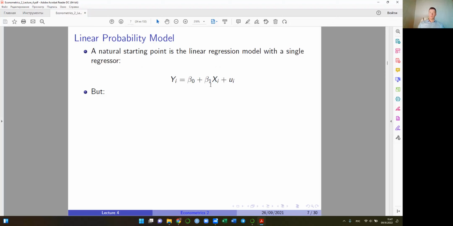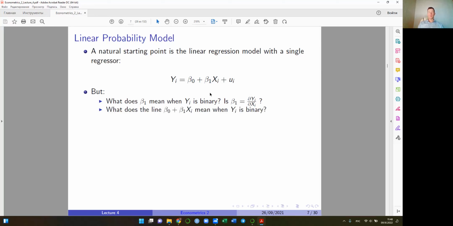Now the most important question, once we have this model, is how to interpret beta 1 when y is binary. Because you remember that usually beta 1 has the following interpretation: it is the partial derivative of y with respect to x. But now y is not continuous, y is discrete, and we are not able to take this derivative, and the meaning changes in the same way as in the case when x was binary.